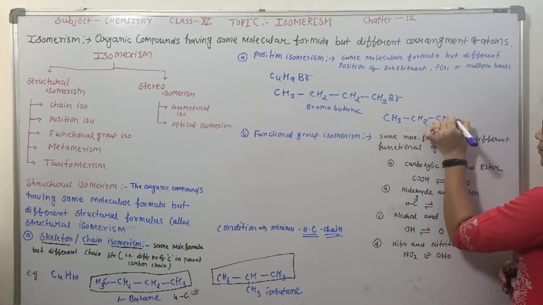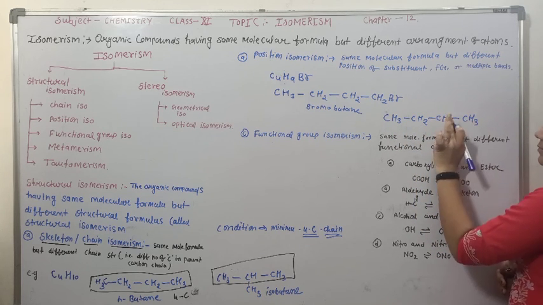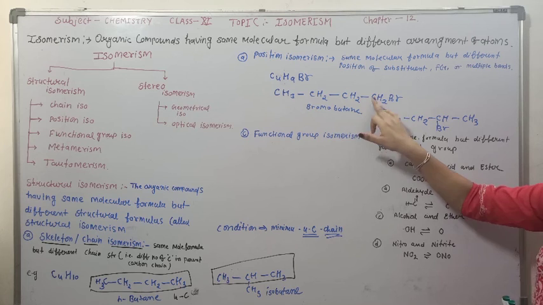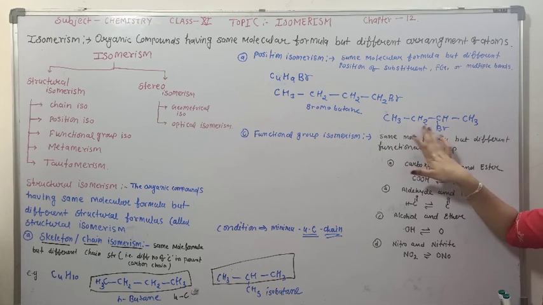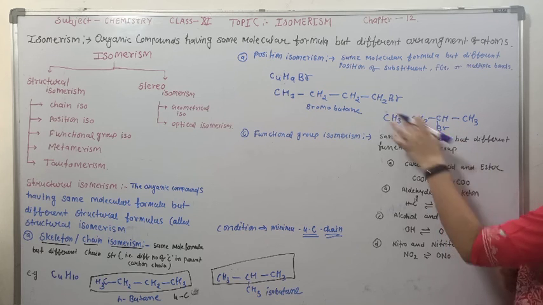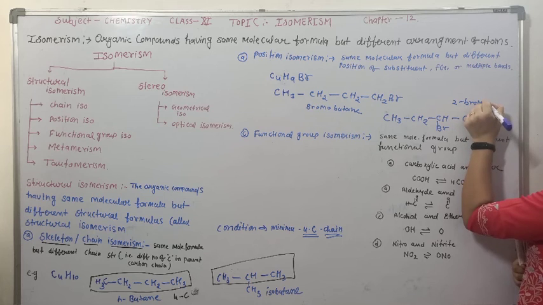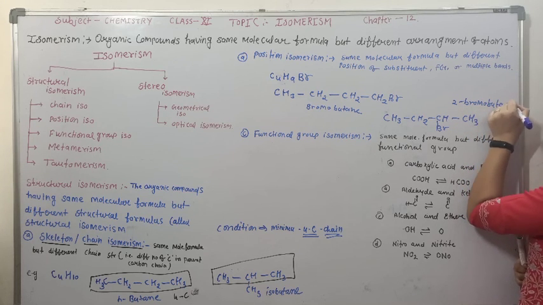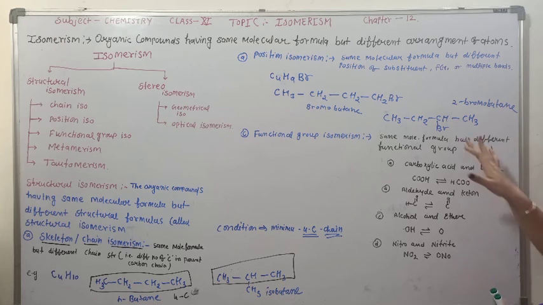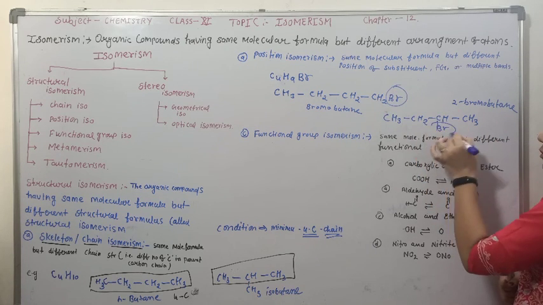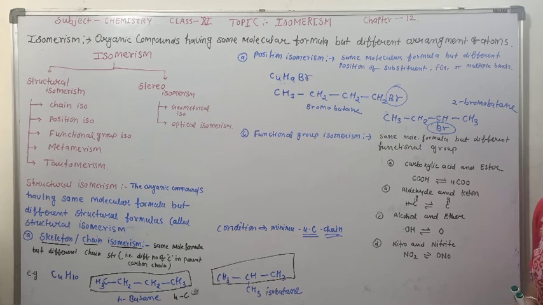Having the same molecular formula, you can check, it's C4H9Br. This is also C4H9Br. But this compound is different from this one. This is 2-bromobutane. Now it is clear: position isomerism is one in which substituents, functional groups or multiple bonds have different positions in different isomers.